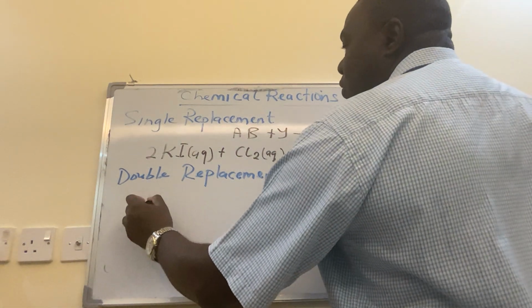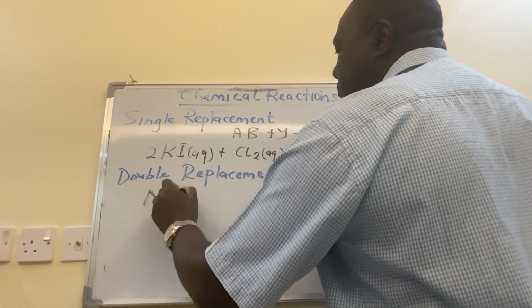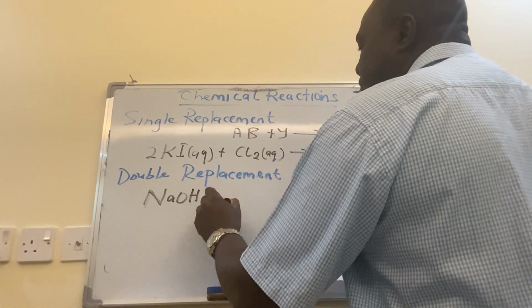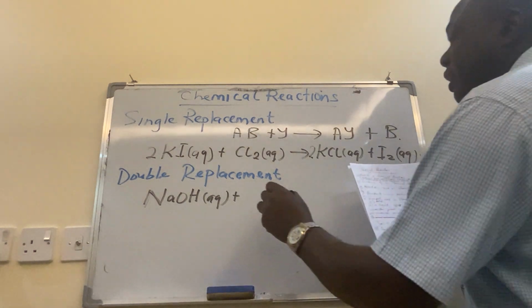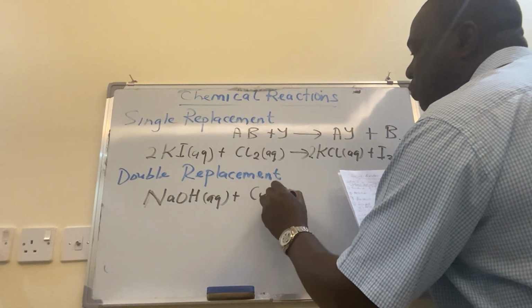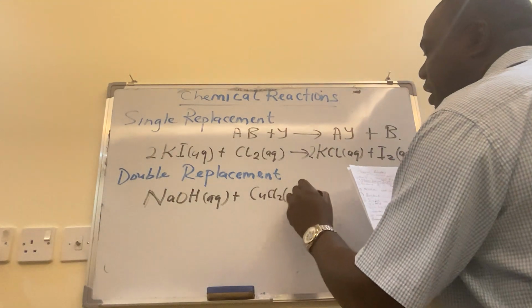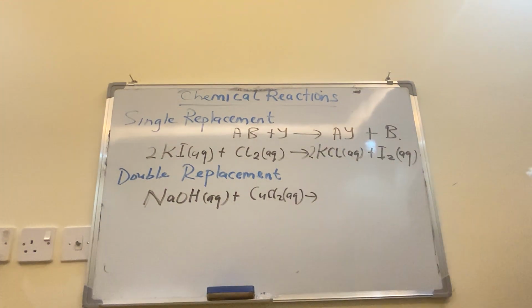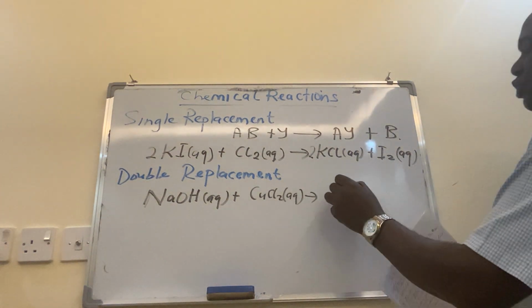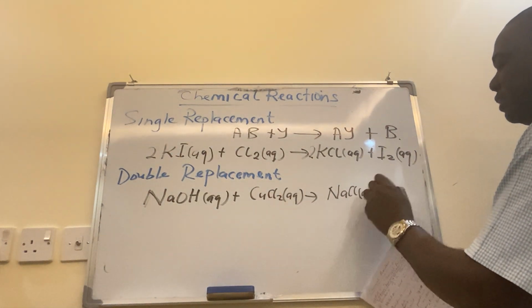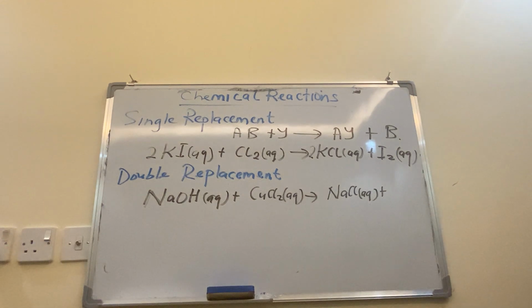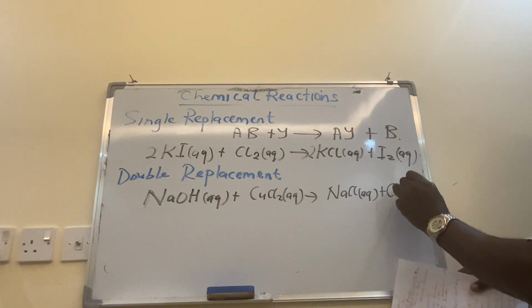So we can use sodium hydroxide aqueous, and then sodium hydroxide is going to react with copper 2 chloride, which is also aqueous. And then if you do that, you are going to form sodium chloride aqueous, and then you are going to form copper hydroxide.